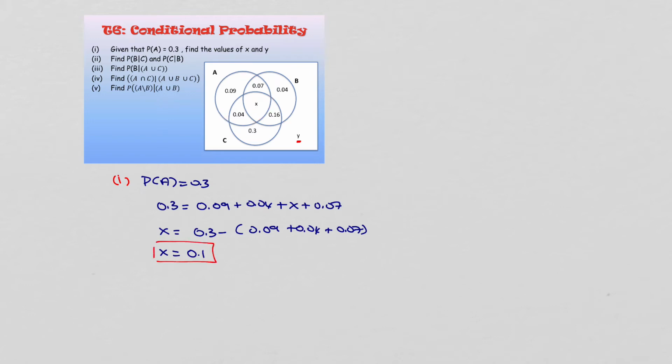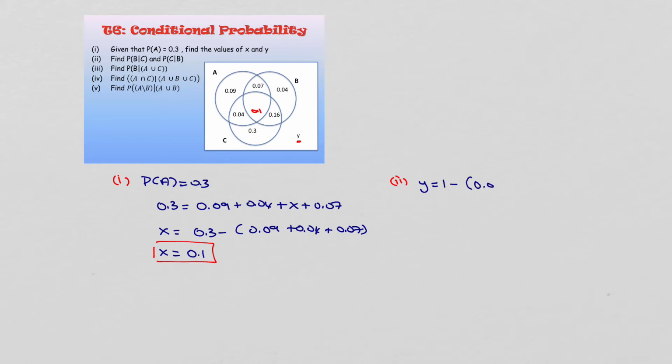So I can put that into my Venn diagram then. So that's 0.1. And if I shade out the x, now I can find y, because everything in probability always amounts to 1. So therefore, if I want to find y itself, it must be 1 minus everything else.